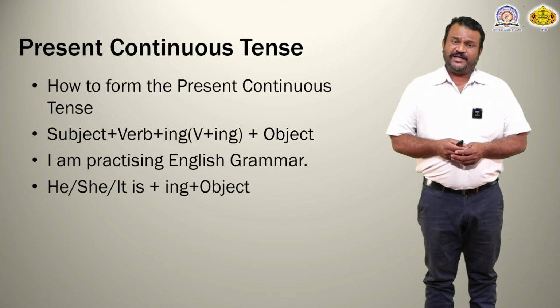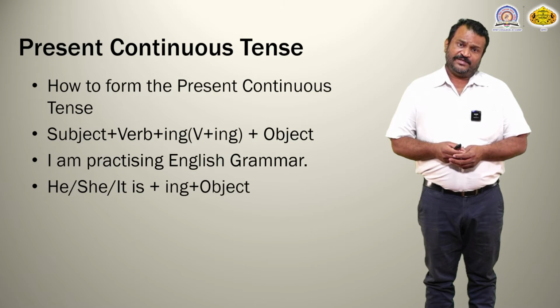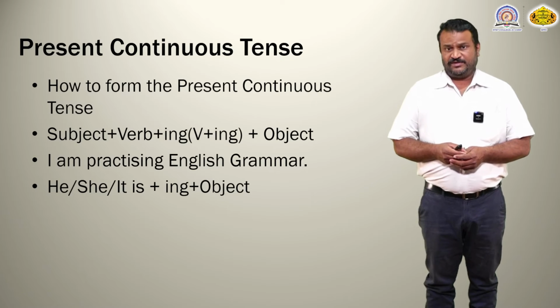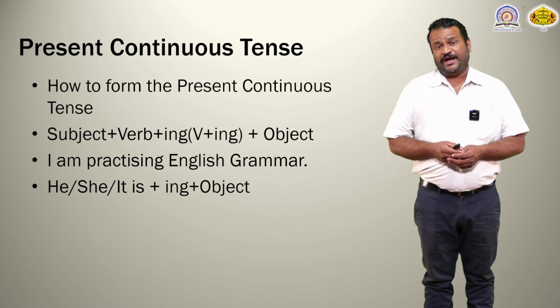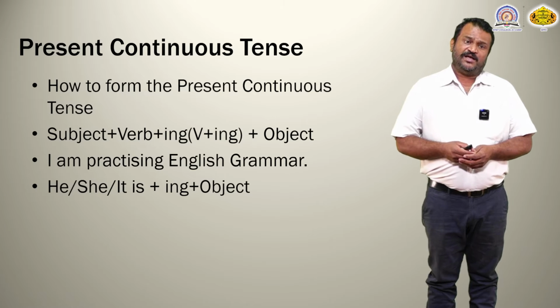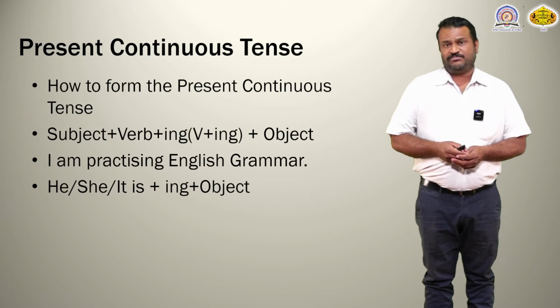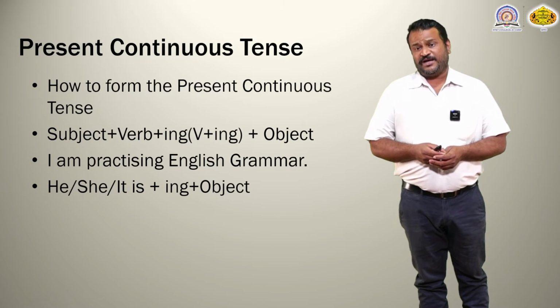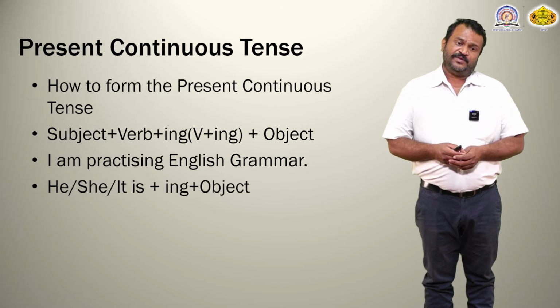So, I practicing English grammar. This sentence is wrong. I am practicing. In present continuous tense, after I always comes am plus V-ing plus object.